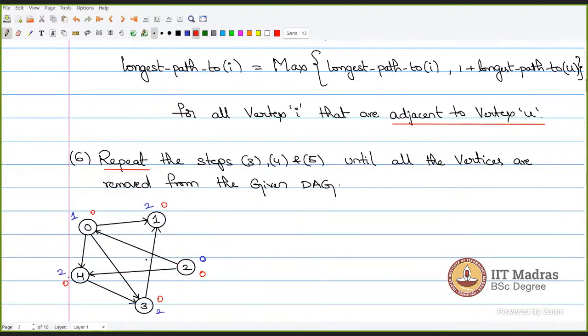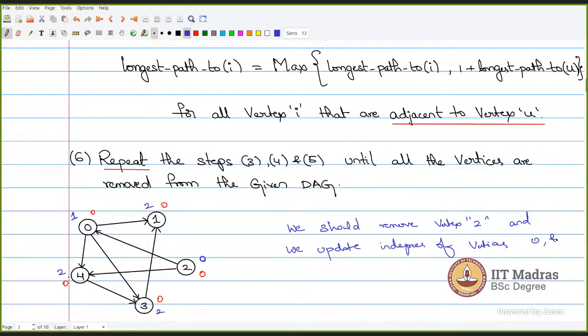So we remove vertex 2 and these 2 edges, and we update the in degrees of vertices 0 and 4.